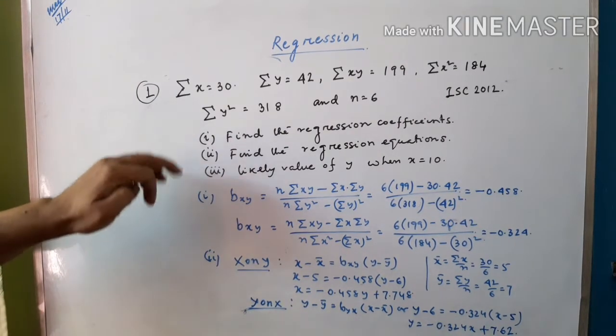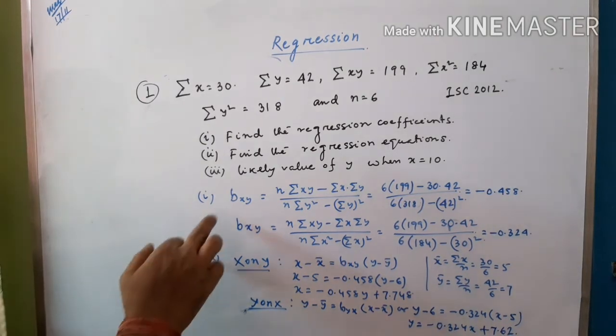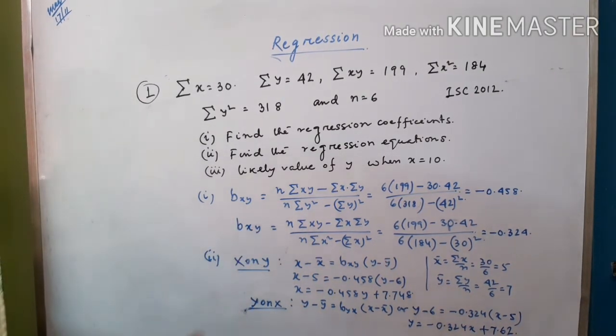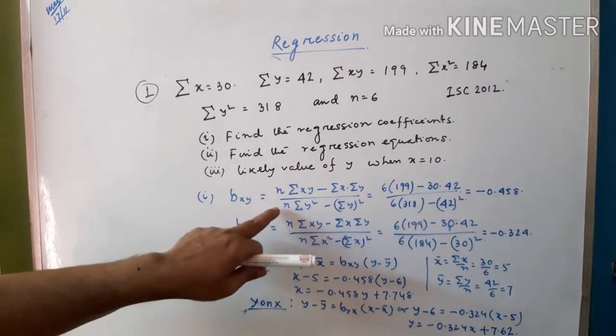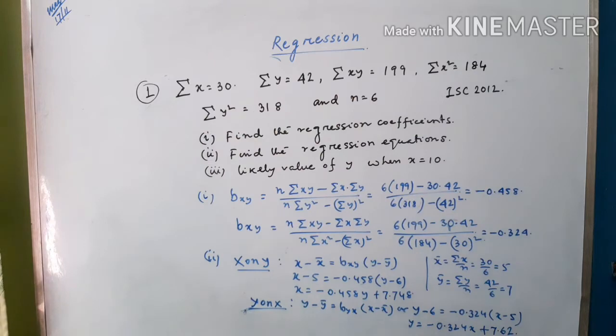There are three subparts of this question. Find the regression coefficients. So see that first is bxy. So clearly we use this formula because you can see that sigma x, sigma y, sigma xy are given separately.